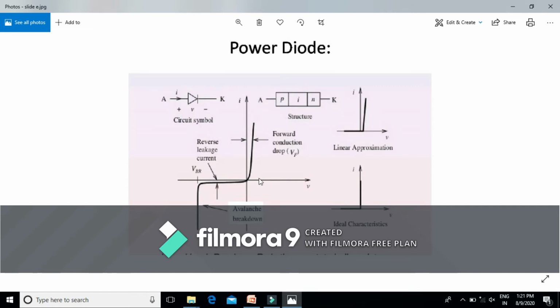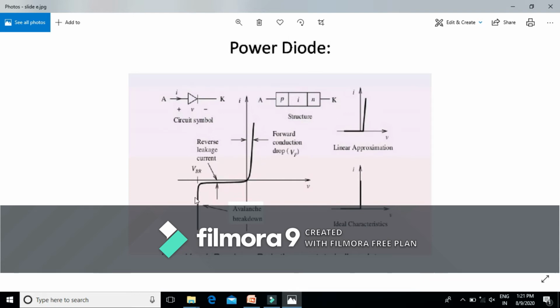In the case of a signal diode, the cut-in potential, which you also call the threshold voltage, is 0.3 volt for germanium and 0.7 volt for silicon, while in the power diode this threshold voltage is equal to 0.8 volt to 1 volt.